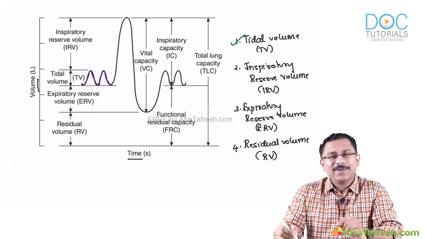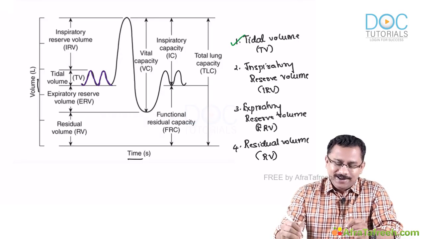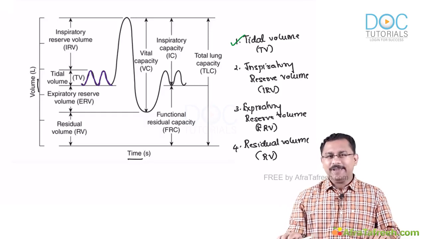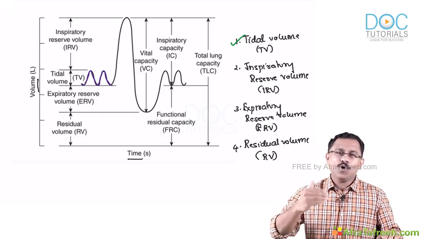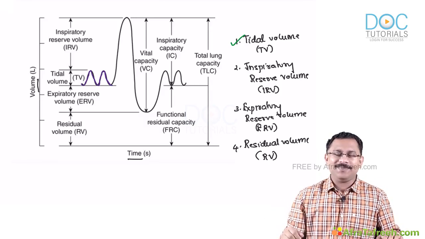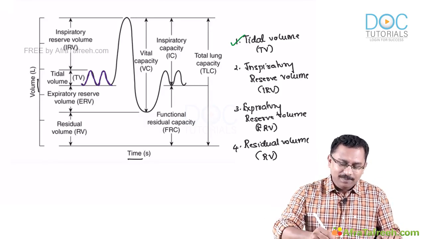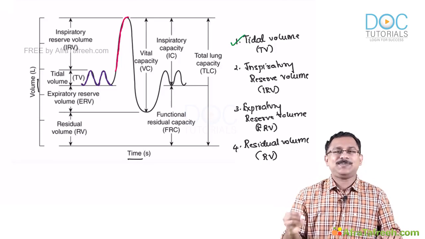Next is inspiratory reserve volume. Inspiratory reserve volume means it is the excess amount of air. Remember, excess amount of air, which means over and above the tidal volume. What is the excess amount of air that can be taken into the lungs after forceful inspiration?